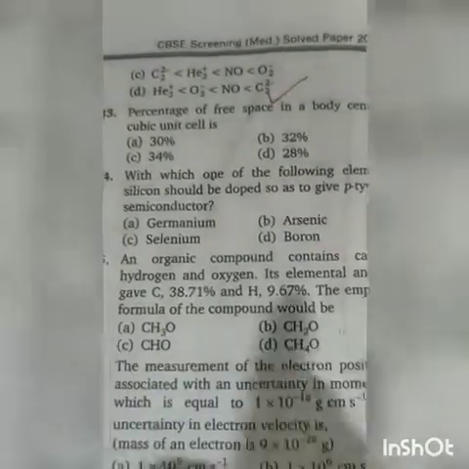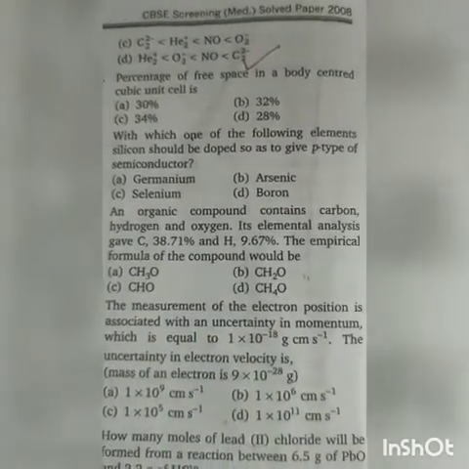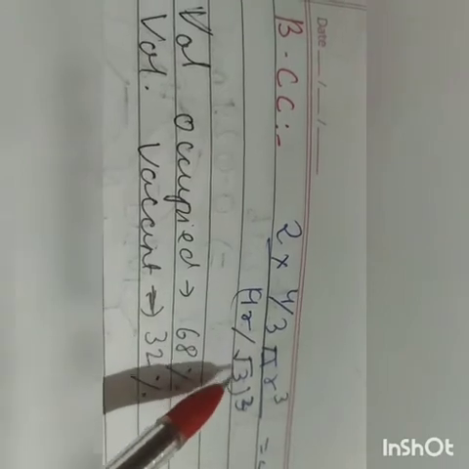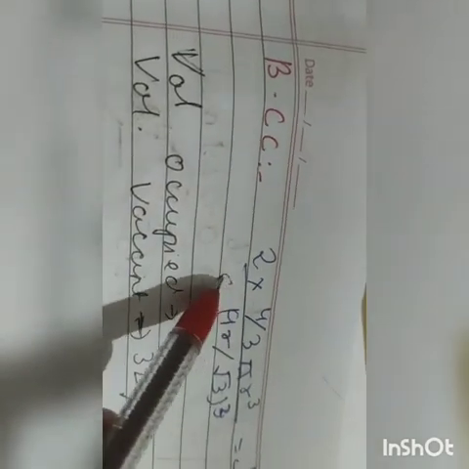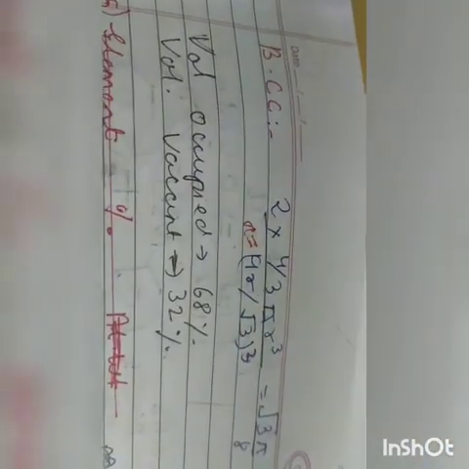Now question number 33. The percentage of free space in a body-centered cubic unit cell is? So we know that packing efficiency or packing fraction is the volume of atoms in a unit cell divided by the volume of that unit cell. Here in BCC, it is 2 into 4 by 3 pi r cube divided by a cube, where a of BCC is 4r by root 3.